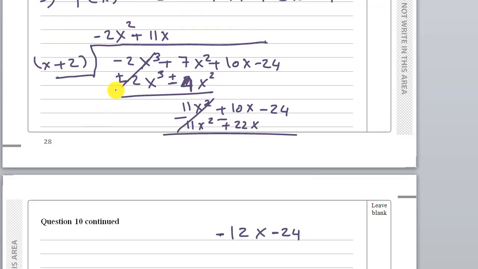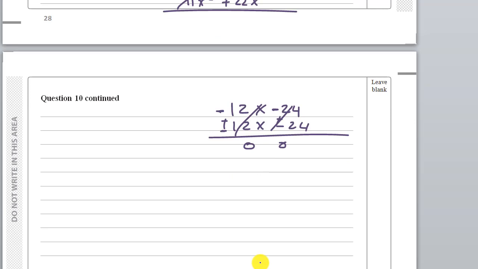So minus here will be minus 8. So minus 8x minus 24, plus 0, 0.